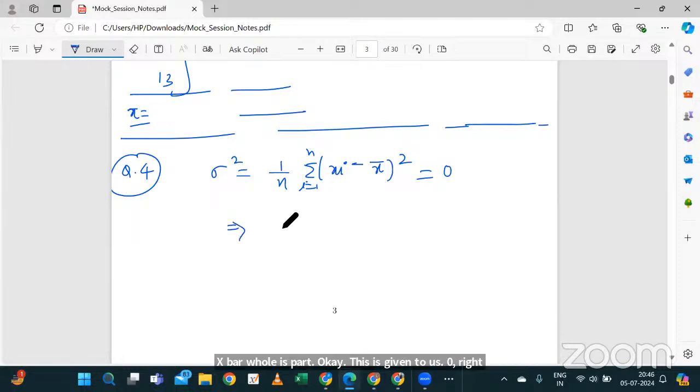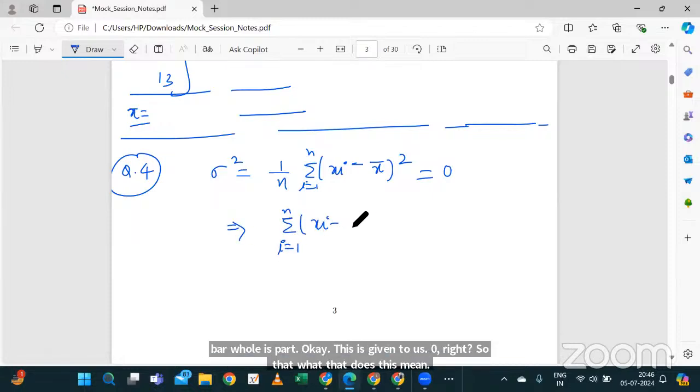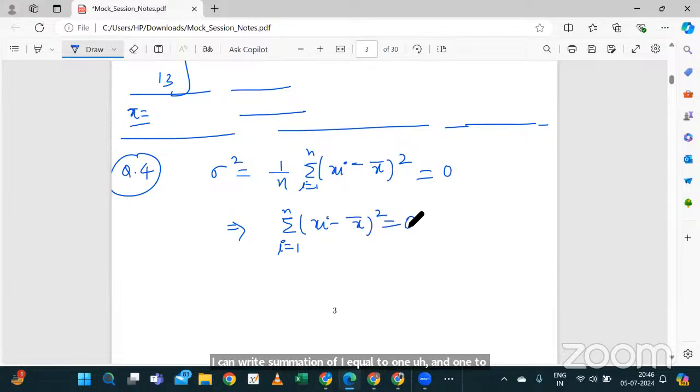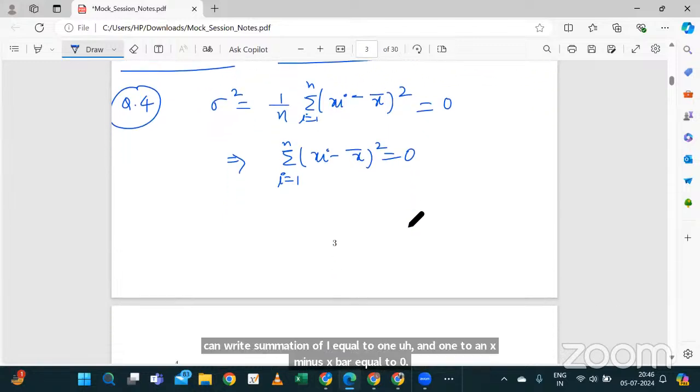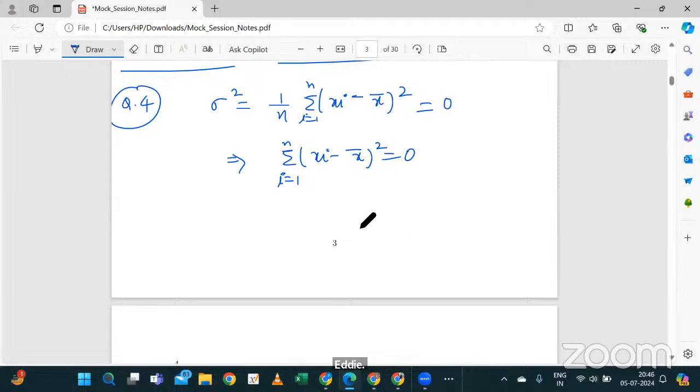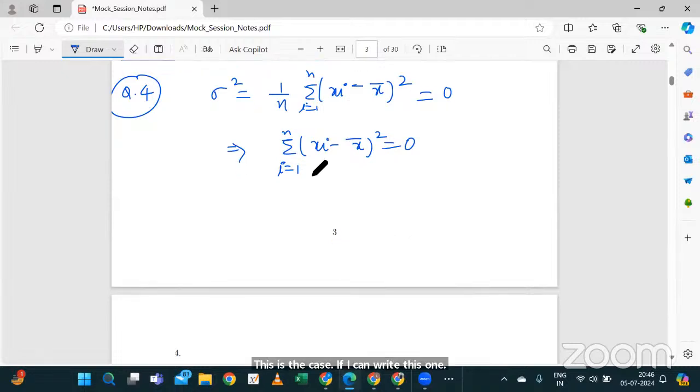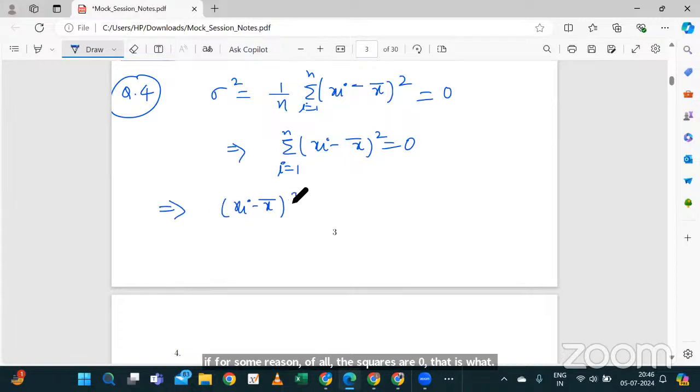So what does this mean? I can write summation of i equal to 1 to n, (xi minus x bar) square equal to 0.